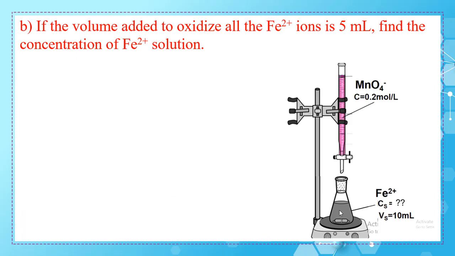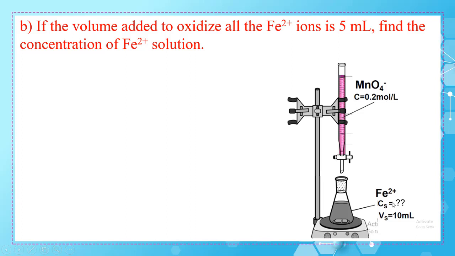In the second part, it's required to find the concentration of Fe2+ solution. Given the volume added to oxidize all Fe2+ is 5 ml. So the volume equivalence is 5 ml. And the volume of the analyte is 10 ml. The concentration of the titrant is 0.2 mole per liter.